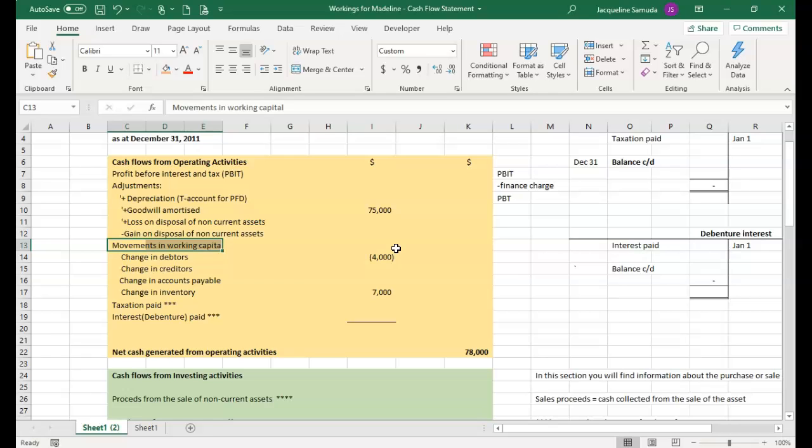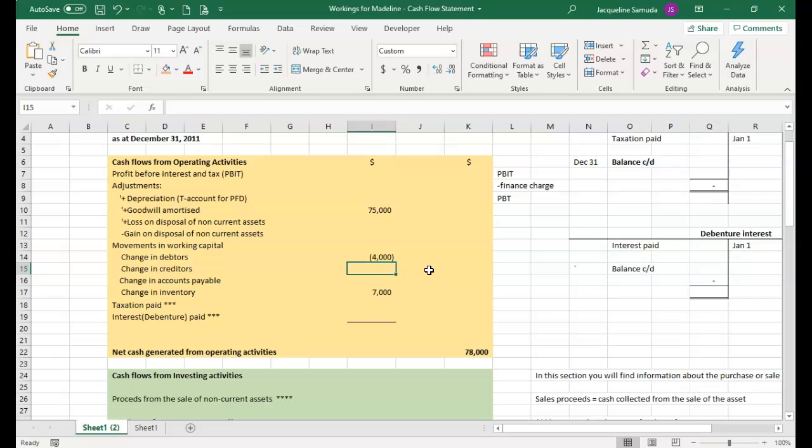So when your creditors increases, it simply means that you're not paying them. It simply means that you're using the creditors as a means of withholding their money and using that cash, instead of paying them, to do other things. So whenever your creditors increases, it means that you have a source of funds, and we're going to refer to that with a positive figure.